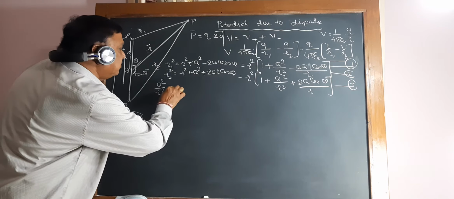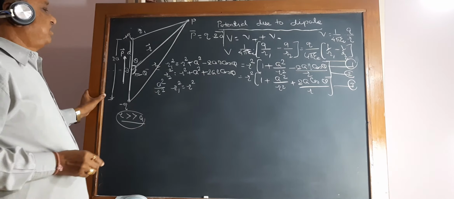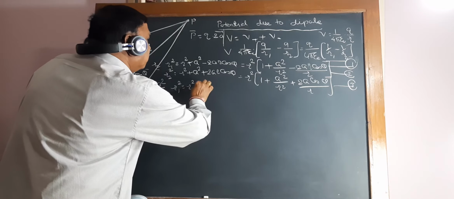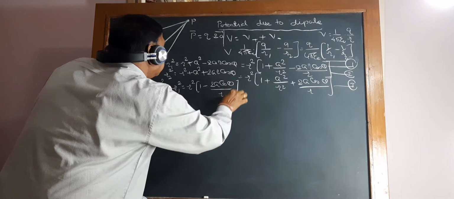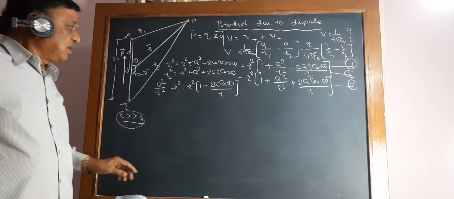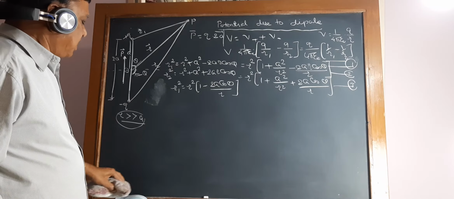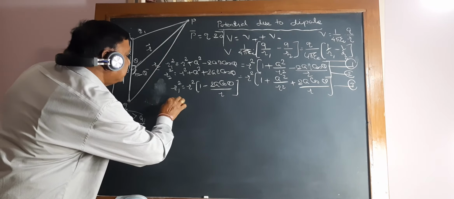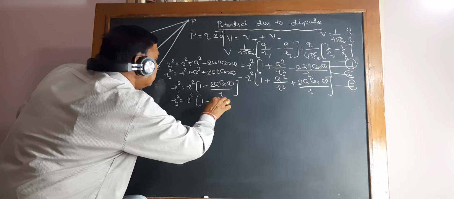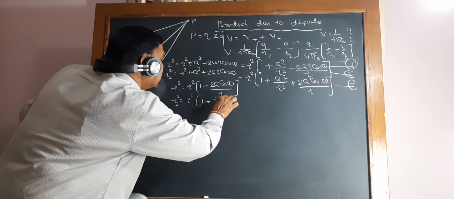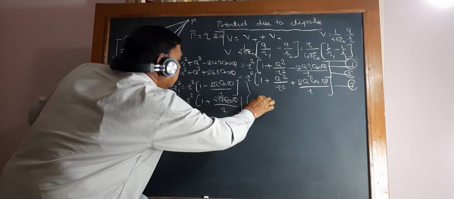So we can write r1 square equal to r square, 1 minus 2a cos theta upon r, and r2 square equal to r square, 1 plus 2a cos theta by r. Equation 4.